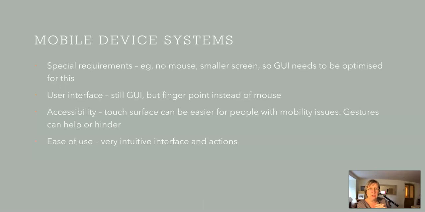It has hugely opened up the accessibility for people with disabilities. For example, touch surfaces are much easier for people with mobility issues. On my texting and WhatsApp, I use swipe, so I don't even have to individually type, I just swipe across the screen.